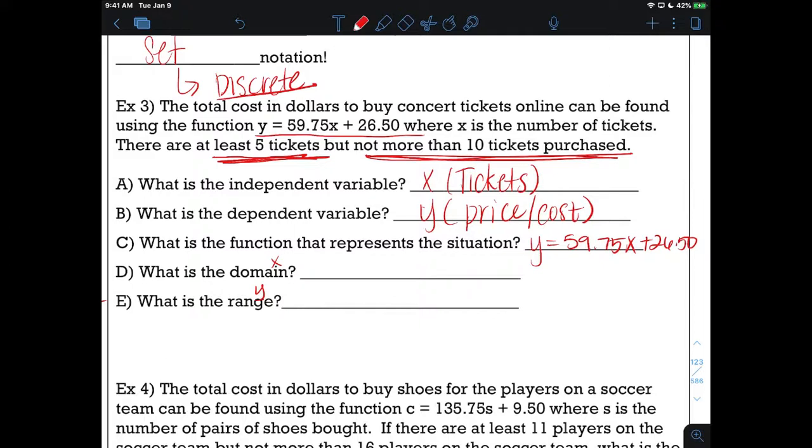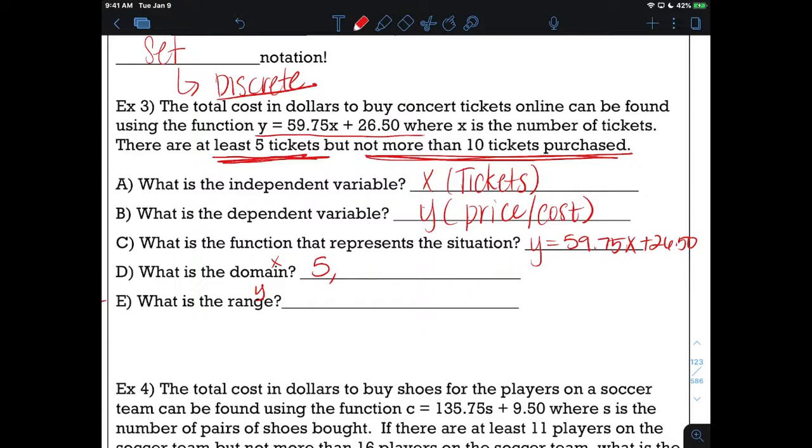Now this is where you really have to think about it because this may not be clear in the first place, okay? So there are at least 5 tickets, meaning he can have 5, but not more than 10. So he can have 10, but he cannot have 11.